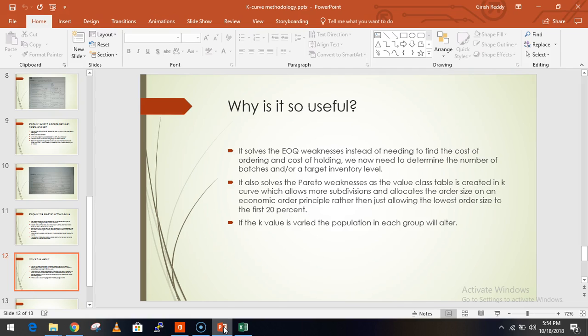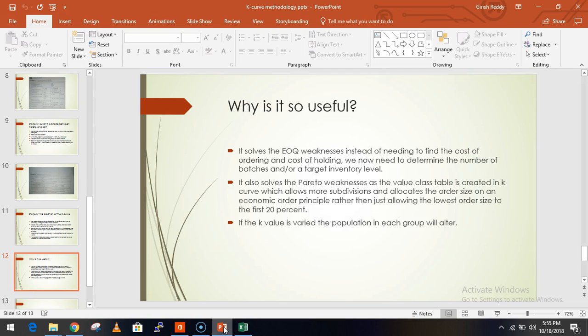For example, with K set to 50, there are a number of class 1 parts, which says that when K is equal to 50, it is appropriate for your business not to order any parts on a weekly basis.